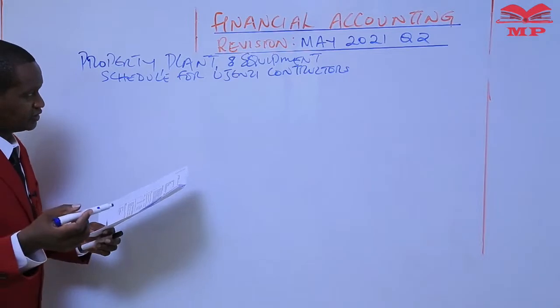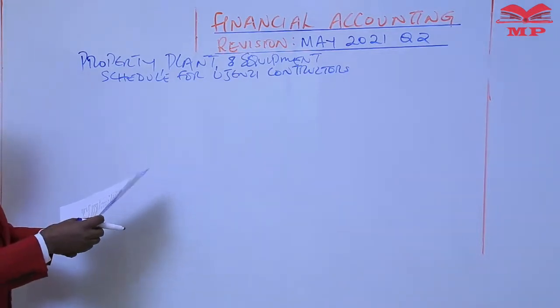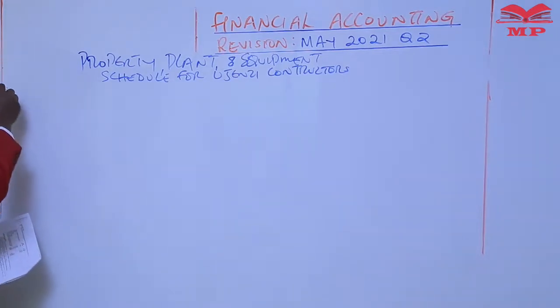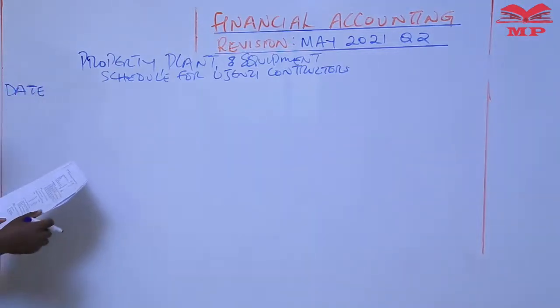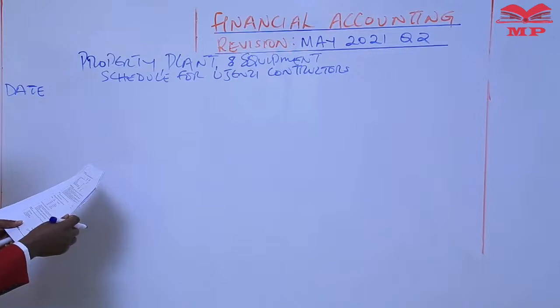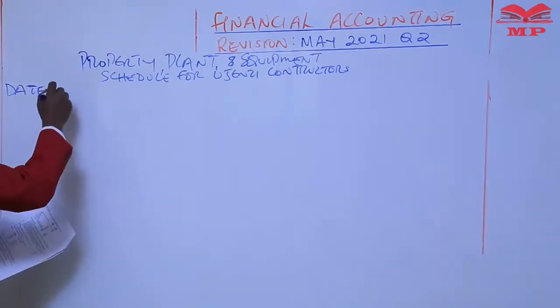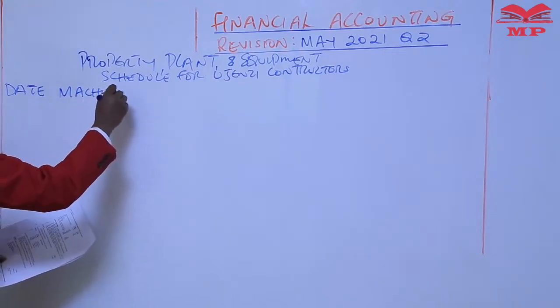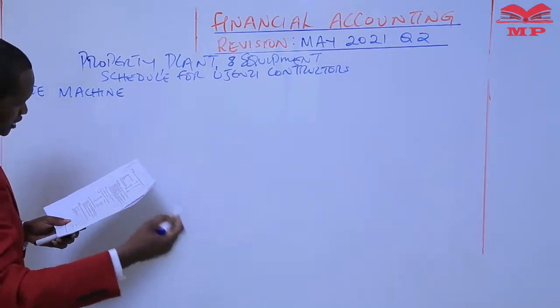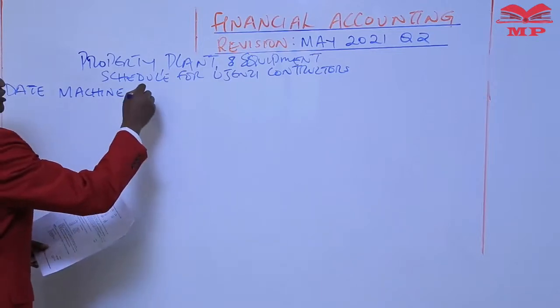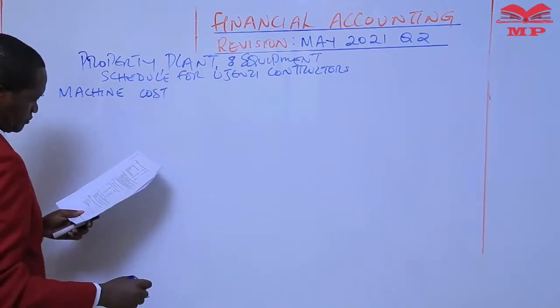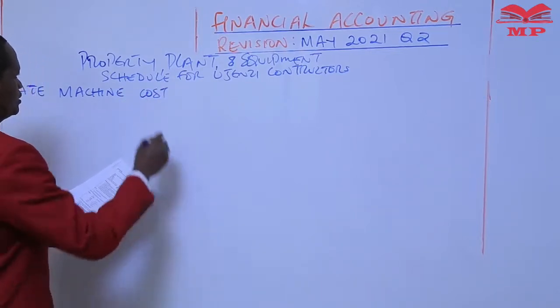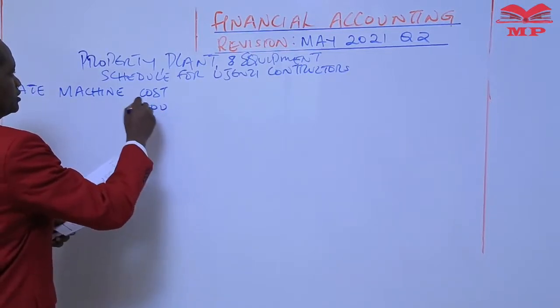The first detail is date of purchase, date. The next one is cost, but before cost we'll have the machine. We have machine A, B, C, D, E, the cost in thousands.